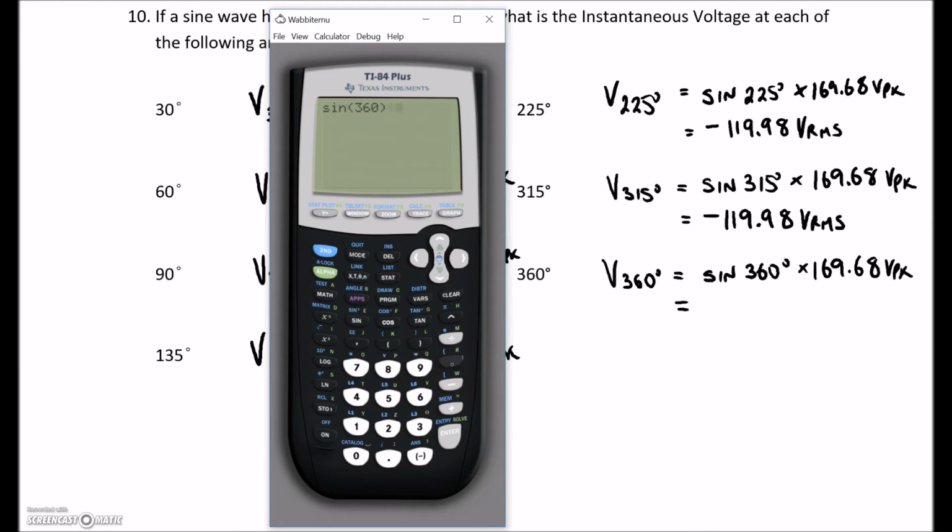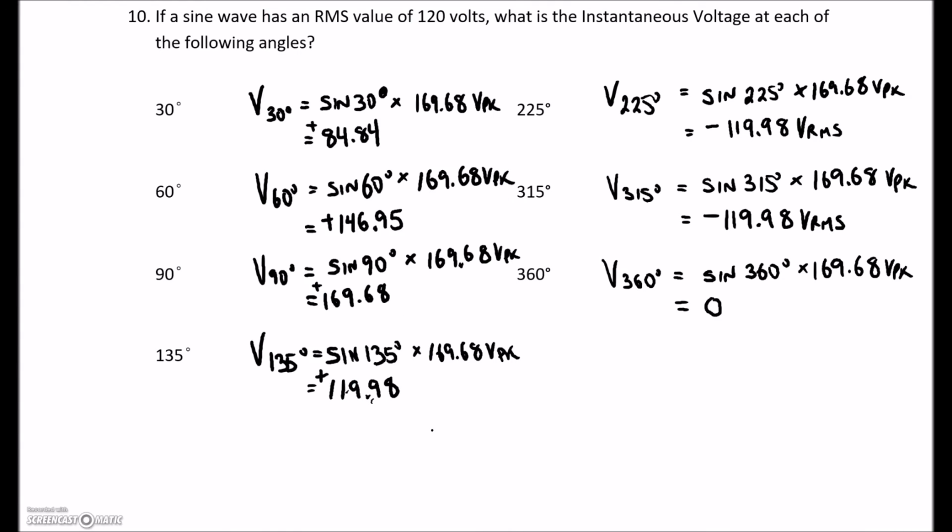And again, that gives us nothing, because if we just take the sine of 360 degrees, that gives us nothing, right? So at 360 degrees, that is the same as 0 degrees, and we get 0 volts being induced.